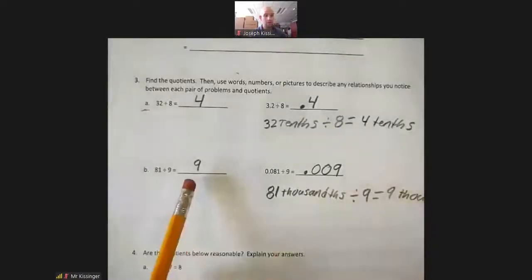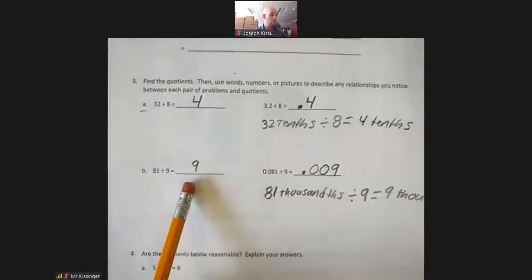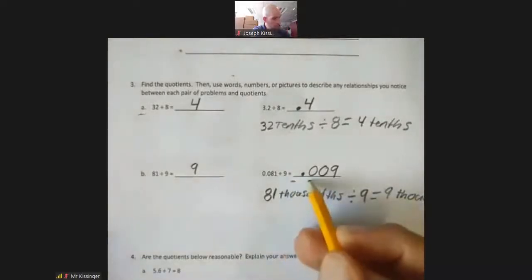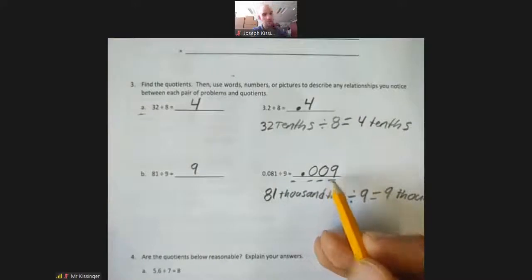Again, let's look at letter B. 9 and 9 thousandths, both of the numbers have a 9. In this one, the 9 is in the ones place. In this one over here, the 9 is in the thousandths place. So we have ones, tens, hundreds, thousandths.